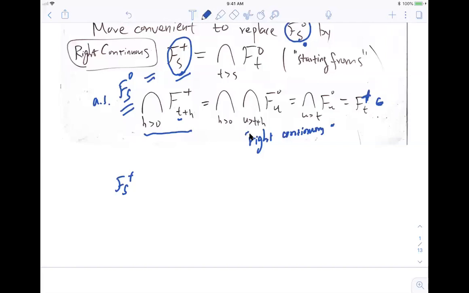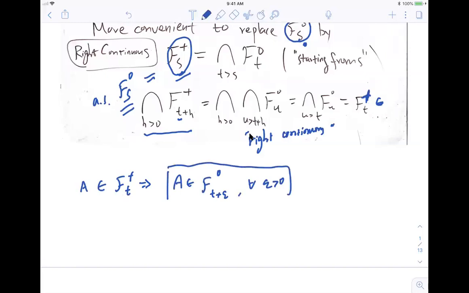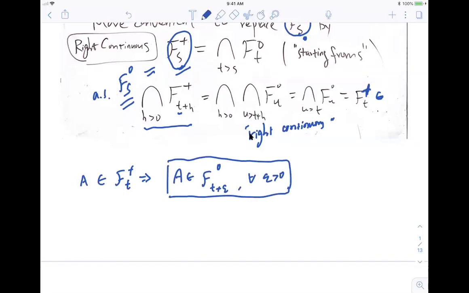If A is in F_t^+, it means A is in F_{t+epsilon}^0 for each epsilon bigger than 0. So A is in the sigma field F^0 for any infinitesimally bigger time.